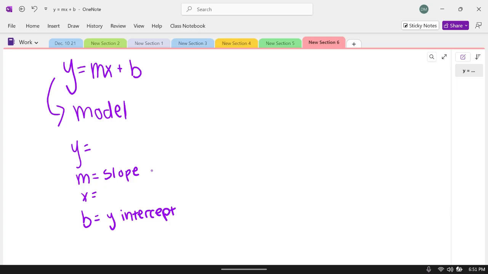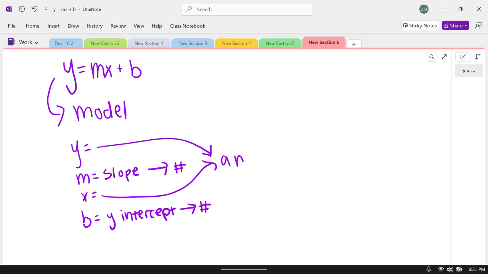And these are two things that become a number. The tricky thing now is that x and y become a new letter. You're going to replace them with what is actually on the axis.